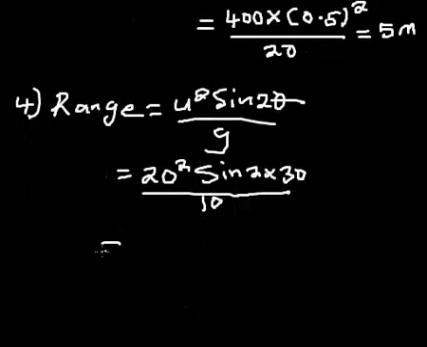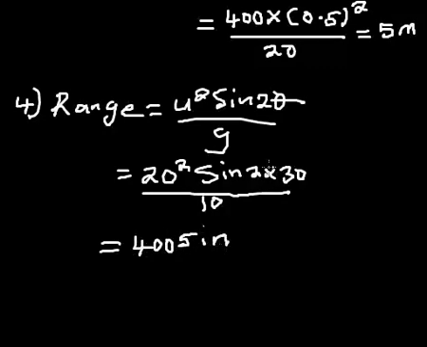Alright, what do we do? That's gonna be 400 sine. This is 2 times 30, right? Sine 2 times 30, that's gonna be sine 60 divided by 10.